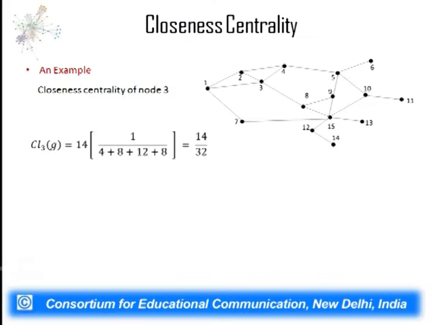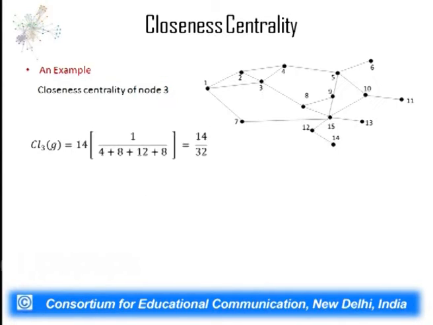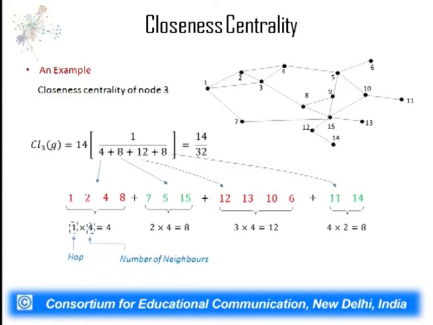Now let's take an example to understand the centrality. We take the same old graph over here, and say for example we want to find the centrality of node 3. 14 is what? Let's go back, it's n minus 1, that is 15 nodes minus 1, 14. And what else? We have 1 upon 4 plus 8 plus 12 plus 8. These are basically the hops multiplied by the number of neighbors.